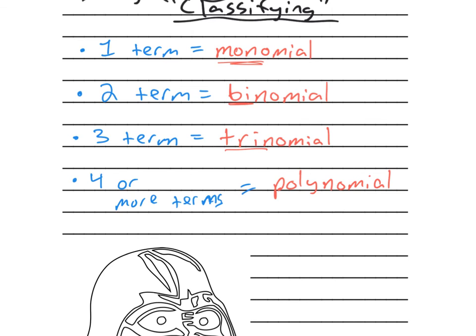If it has 4 or more, yes, it's going to be a polynomial. But is there other things we could say about polynomials that could be more descriptive for that thing? Maybe something like the degree, very good. Or something like the leading coefficient. Or something like the constant, right? So we could get really descriptive with polynomials. All right, may the math be with you.